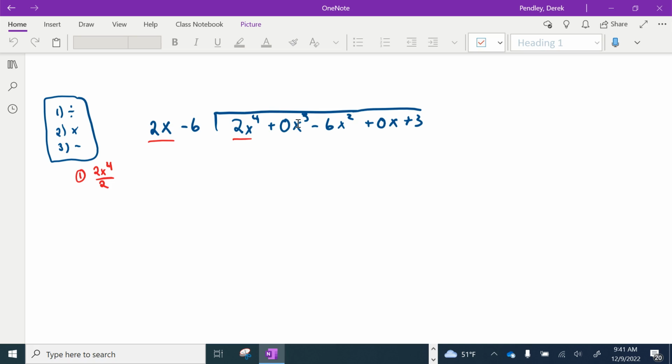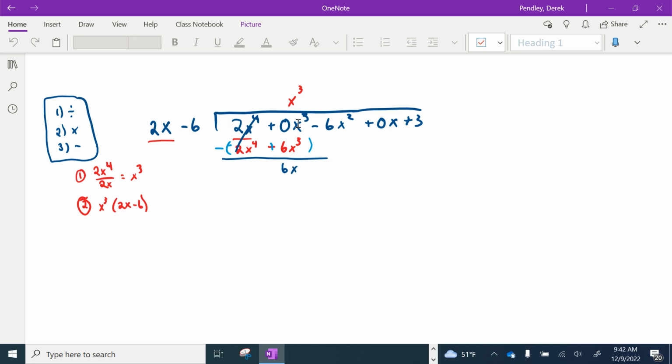You then multiply that, x cubed times 2x minus 6, which gives you 2x to the fourth minus 6x cubed. When you subtract these, it changes the sign of everything inside. And so it changes to negative 2x to the fourth plus 6x cubed. So these terms cancel out, and you're left with 6x cubed. Bring down the negative 6x squared, and you repeat those steps over and over again.